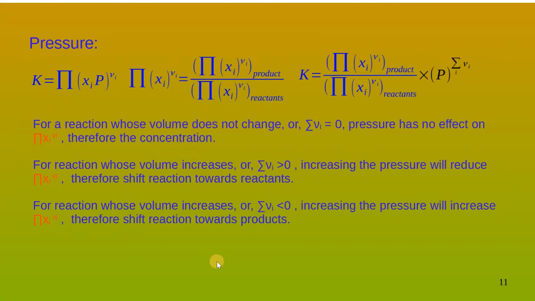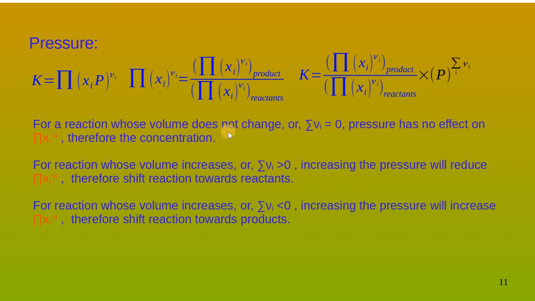Now let's take the pressure effects for the reaction. K is nothing but the product of partial pressures raised to the stoichiometric coefficients. Or we can write it as a product of the concentrations or the mole fractions multiplied by the pressure raised to the summation of the stoichiometric coefficients.